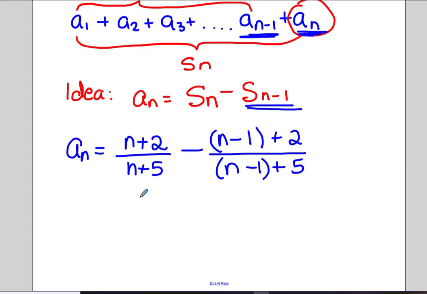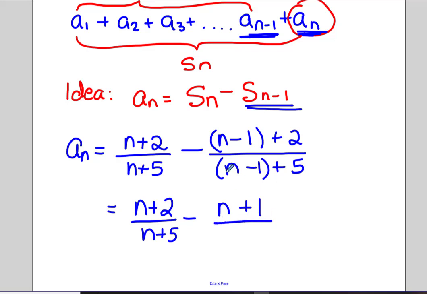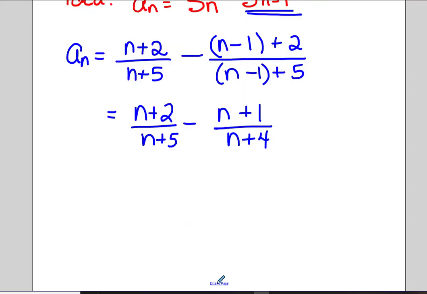So we could neaten this up a little bit and then find a common denominator. This numerator would be n minus 1 plus 2, so that looks like n plus 1. And this one would be n minus 1 plus 5, so n plus 4.